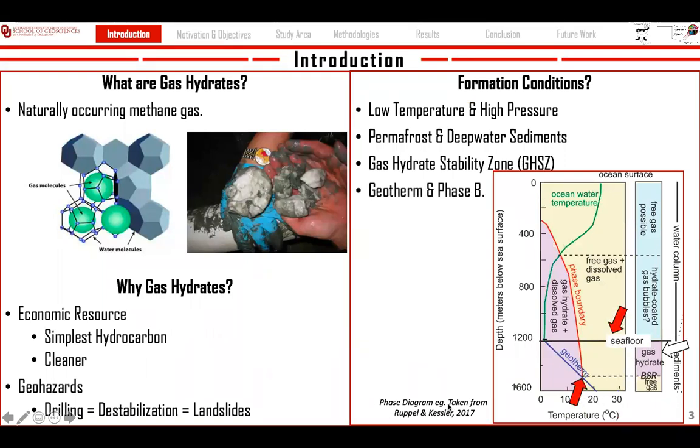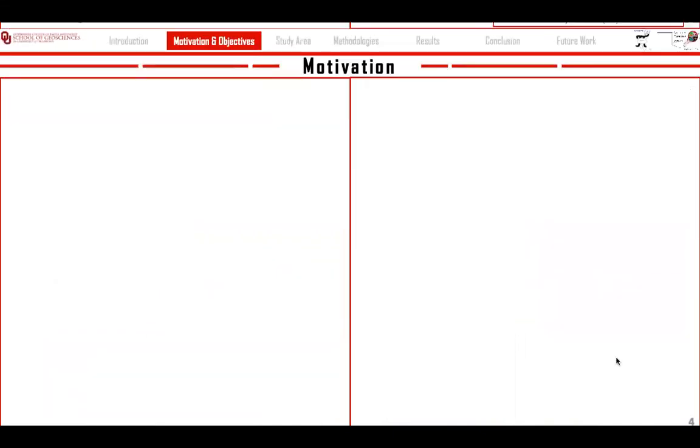As shown in this phase diagram taken from Ruppel and Kessler 2017, it shows the interval of the gas hydrates between the seafloor and the point at which the geotherm intersects a methane hydrate equilibrium curve. The bottom of this interval is represented in seismic data as what we call a BSR, or bottom simulating reflector.